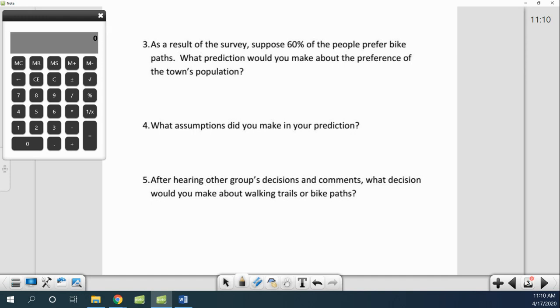All right, 3, results of this survey. Suppose 60% of the people preferred bike paths. What prediction would you make about the preference for the entire town, for the town's population?